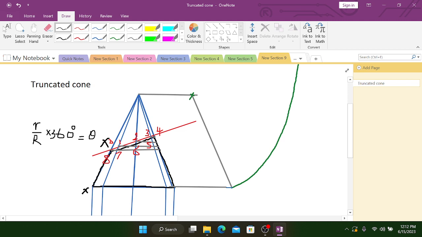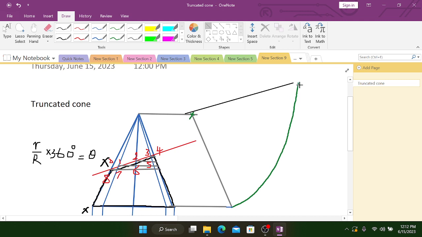This theta I have to find, this angle, and from here I want to get the theta angle, and I need to draw this line. Then this is theta. Now this is theta.